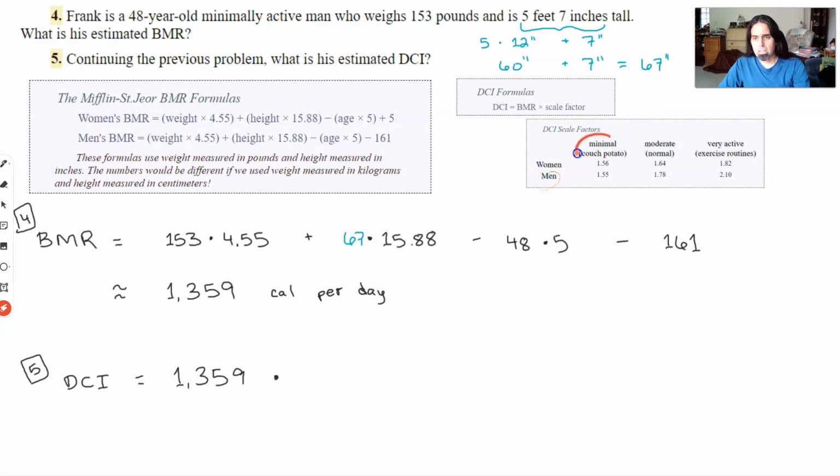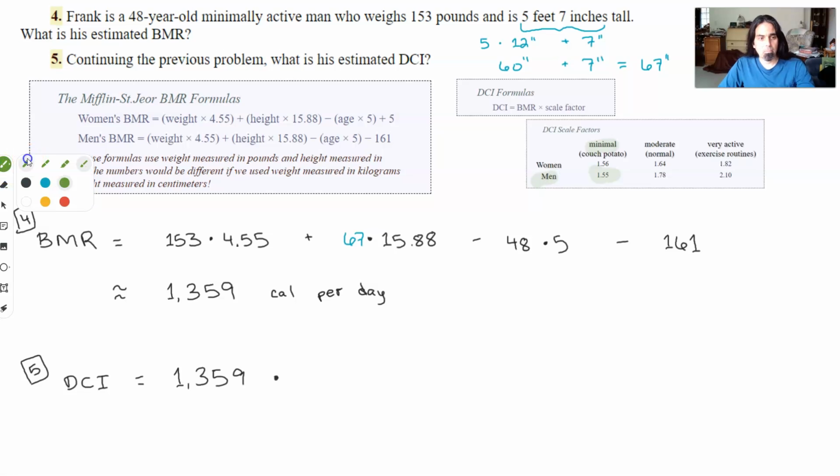So men, minimal activity, 1.55. I'm trying my best to make my decimal point dots and multiplication dots look very different. Okay, so what is that times 1.55? We're about 2,107.